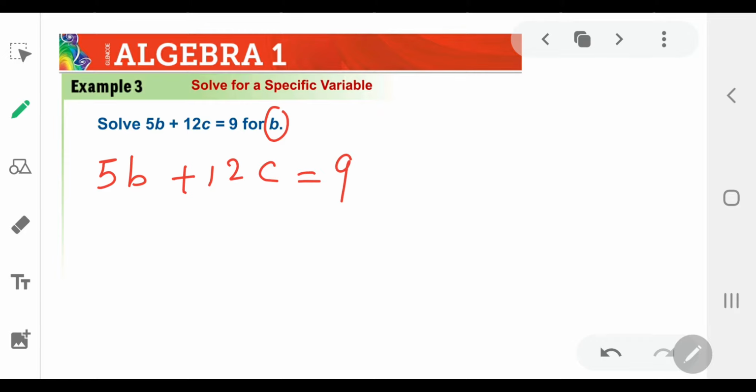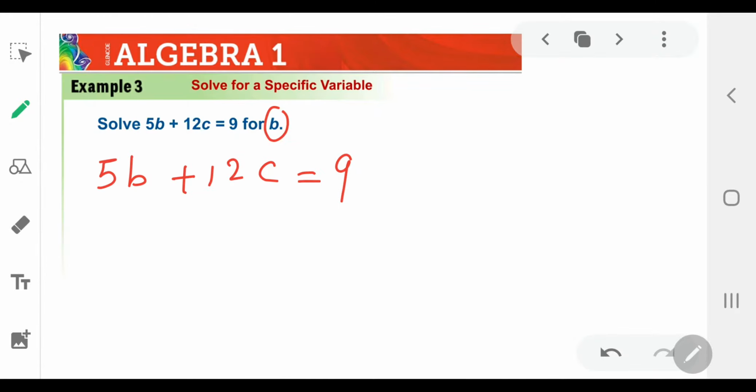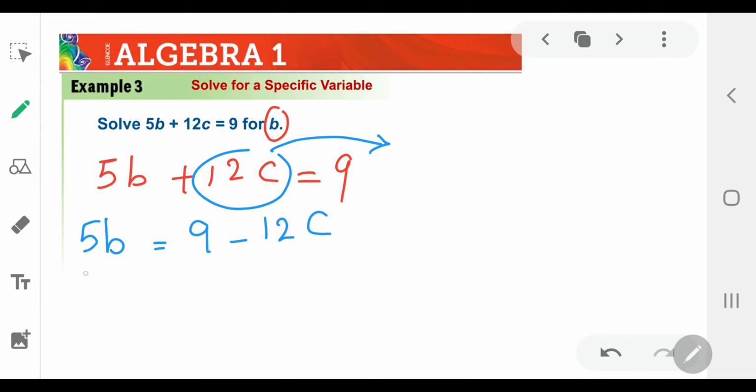First of all, we always start by addition and subtraction as introduced earlier. So I would drag this 12c to this side by the opposite sign. Now I have 5b isolated but not the b. 9 minus 12c. I still have the 5 attached to the b. The 5 is still multiplied by b, and I need to isolate this b.